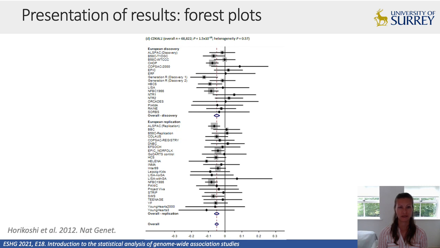So here we see for this same birth weight analysis and this same CDCAL1 region and one specific SNP from that region, we see the effects by different cohorts, and then we see the overall effect from discovery sample and the overall effect from the replication sample, and then the final overall combined effect, which shows a negative effect from this SNP on birth weight, indicating that having this SNP lowers your birth weight.